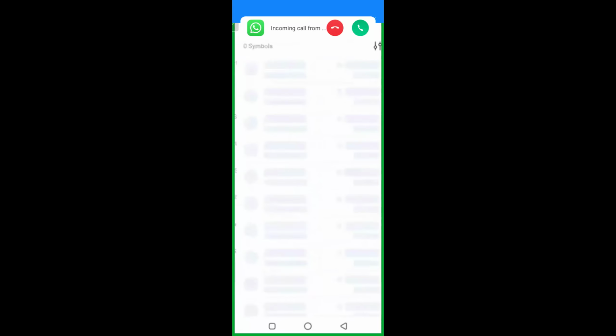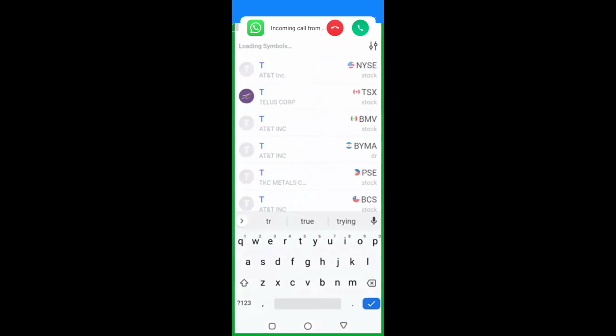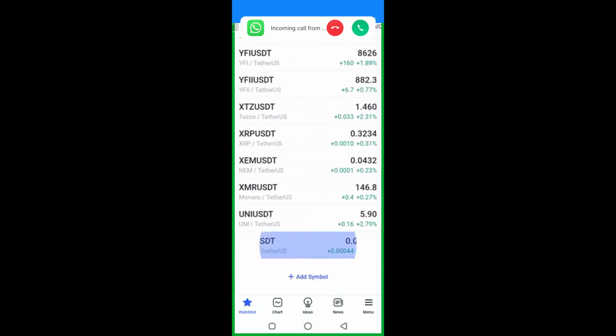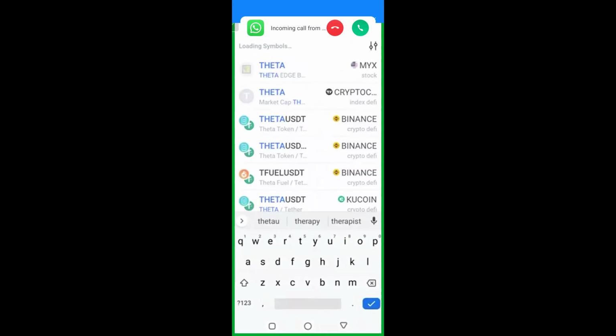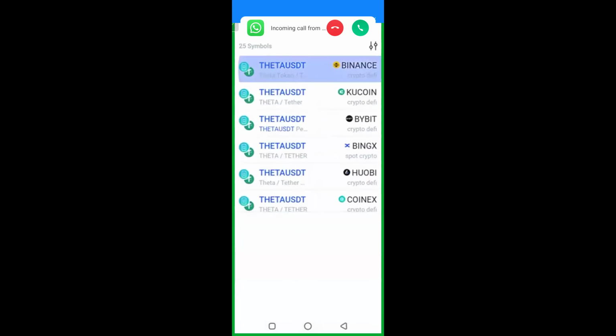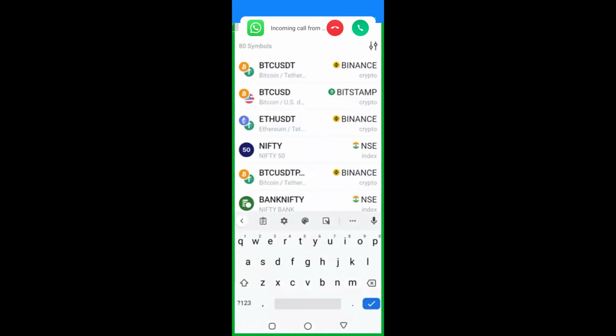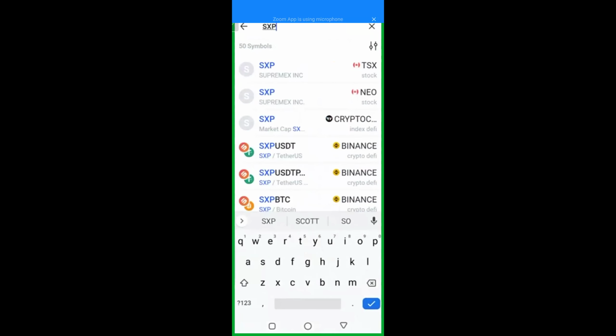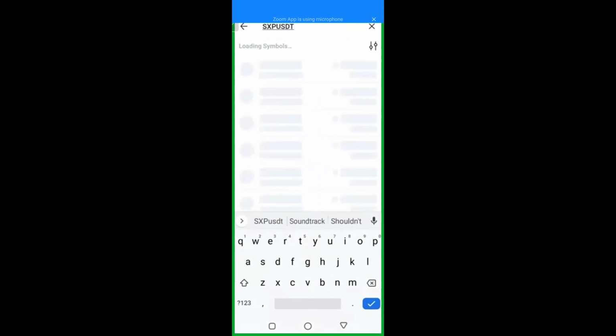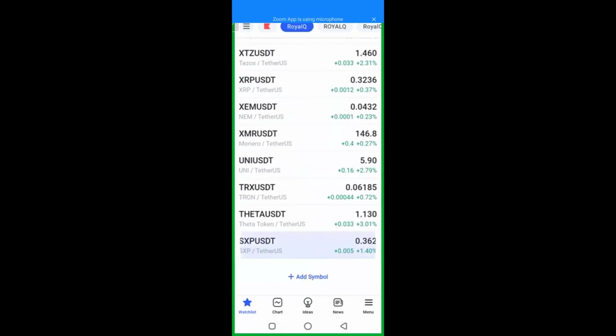So we write TRX USDT. Then we write another symbol, THETA USDT. All right, then another one we have is SXP USDT. Okay, all right. So we are moving. We are still moving.